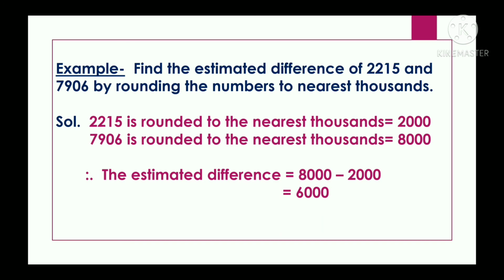So for 2,215, if it is rounded to the nearest thousand, we get 2,000, and for 7,906, if it is rounded to the nearest thousand, we get 8,000. Therefore, the estimated difference is 8,000 minus 2,000 is equal to 6,000. I hope you have understood how do we estimate the difference.